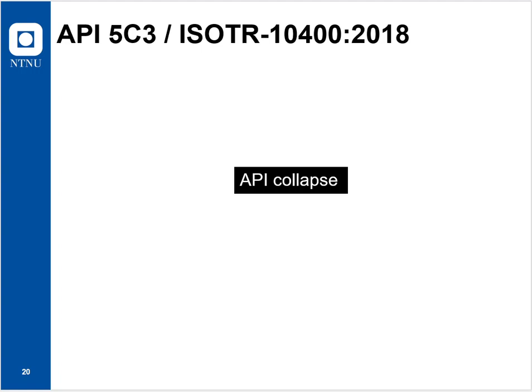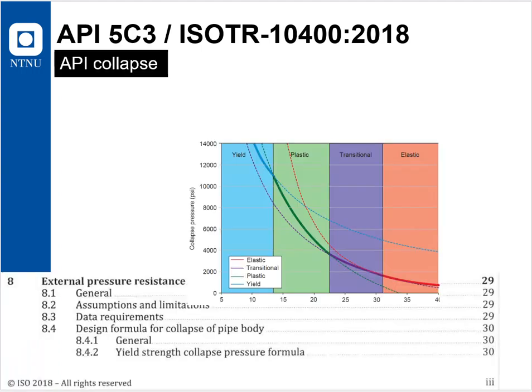So moving on to API collapse. A very quick and brief recap follows, because this is basically what it says, and this part is kept in the standard in the front, not in the appendix, like Barlow has been moved.